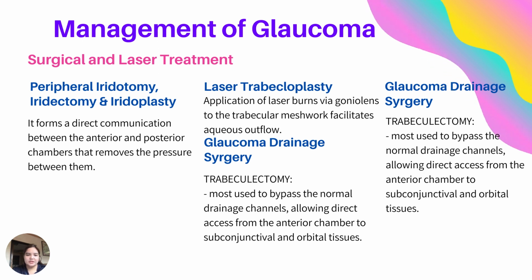There is also laser trabeculoplasty, which applies laser burns via gonioscopy lens to the trabecular meshwork to facilitate the aqueous outflow. There is also glaucoma drainage surgery, such as trabeculectomy, which is the most used to bypass the normal drainage channels, allowing direct access from the anterior chamber to subconjunctival and orbital tissues.